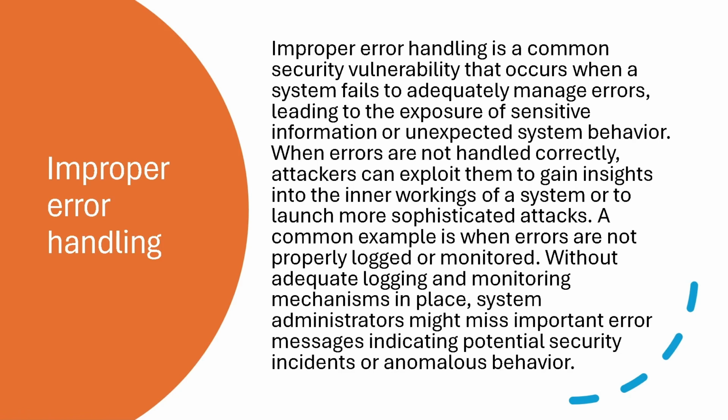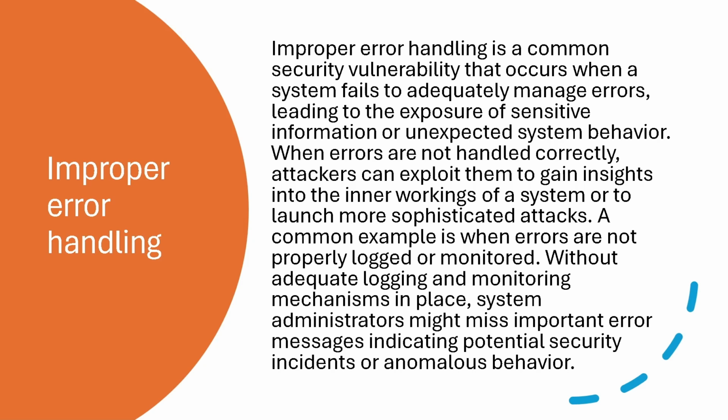Improper error handling. Improper error handling is a common security vulnerability that occurs when a system fails to adequately manage errors, leading to the exposure of sensitive information or unexpected system behavior. When errors are not handled correctly, attackers can exploit them to gain insights into the inner workings of a system or to launch more sophisticated attacks.